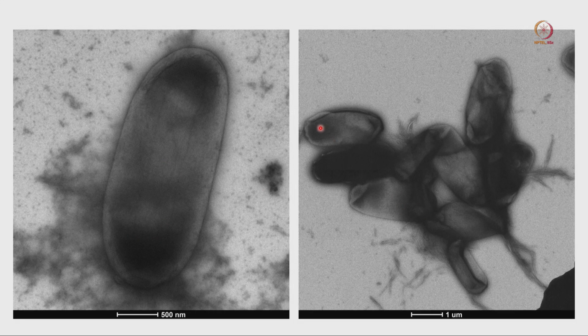Also here you can see a cluster of multiple bacteria, and there are some peptides, or we can consider some inhibitory drug kind of thing, which is binding to the cell membrane, and there is some leakage from that cell also, and the morphology is changing drastically. So this kind of TEM image gives us a lot of information.